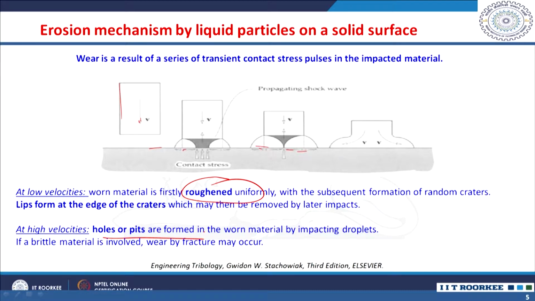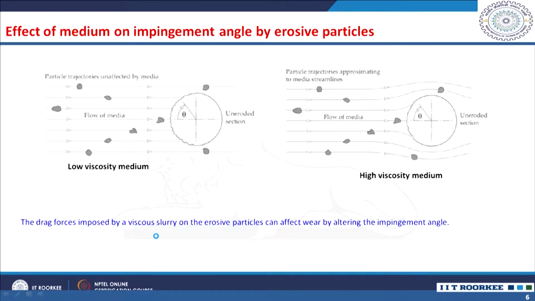If the impacted material is brittle, then fracture is dominant. So at low and high velocities, the material is removed in the form of craters, or by forming holes and pits, depending on the velocity of the liquid.